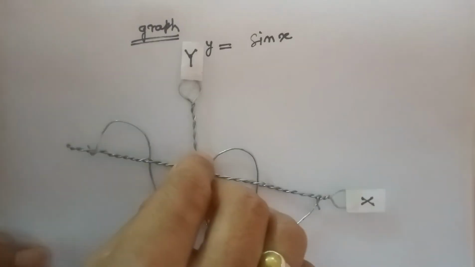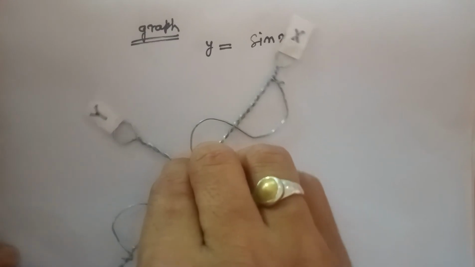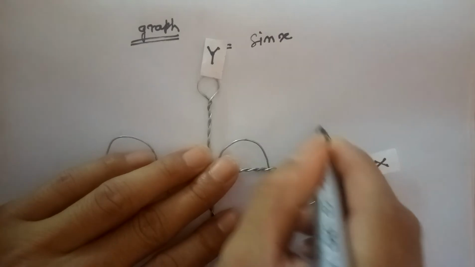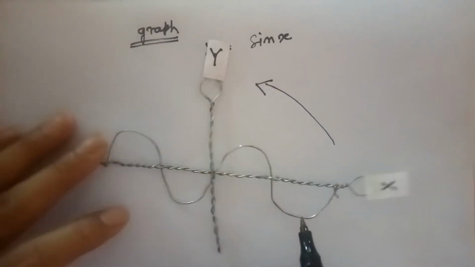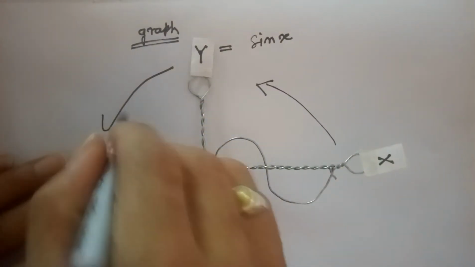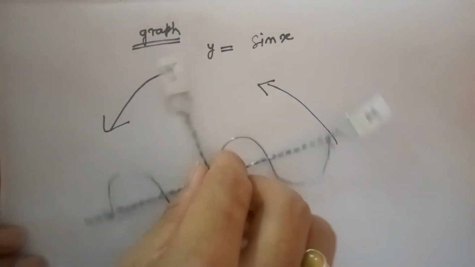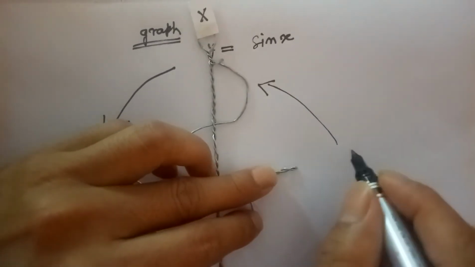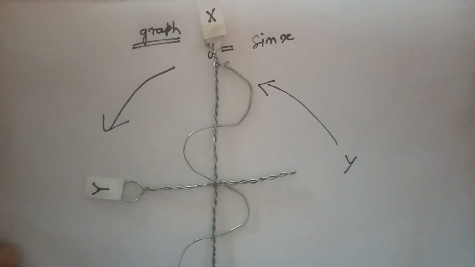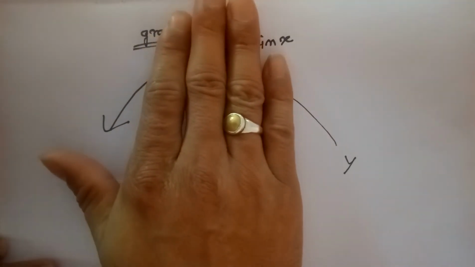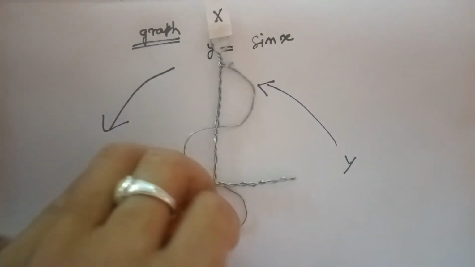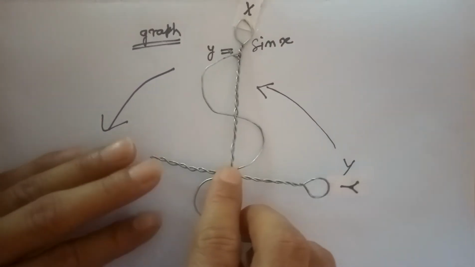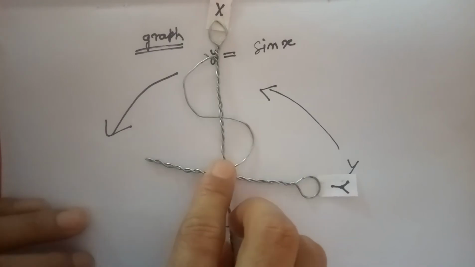When I rotate, this y will come here, but I need the y here, not that side. So what can we do? I reverse it, then we get this sine inverse x.